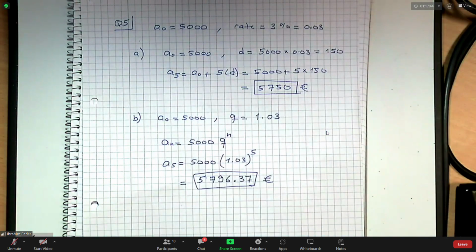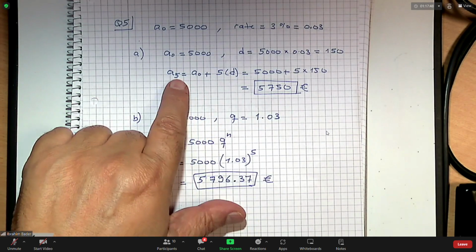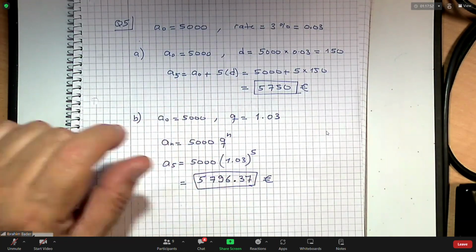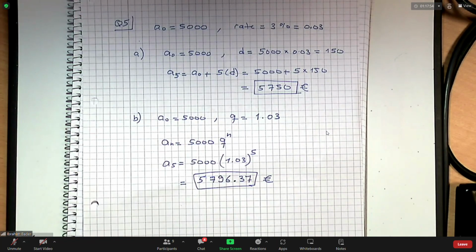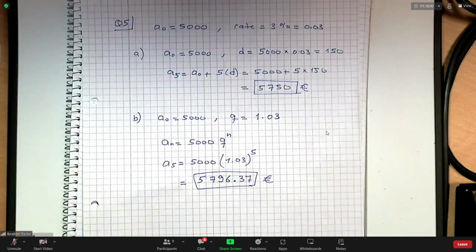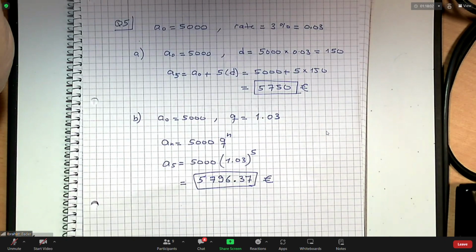After 2 years, it comes another 150, and so on. So that's why after 5 years, you will have 5 times D added to the principal, or the starting capital, and you get the amount of the account after 5 years. So A5 is meant here.